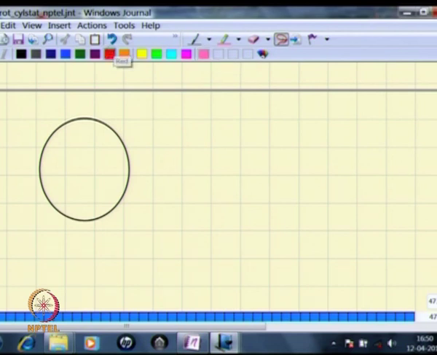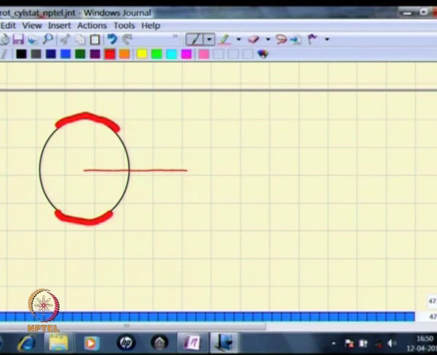Let us consider the R phase. Let us say the R phase is distributed here and the return conductors are placed here. The axis of the R phase winding would then be, as we have seen, in between the last conductor of one phase spread and the first conductor of the other phase spread, right in the middle of that. So, you have the axis of the R phase sitting here.